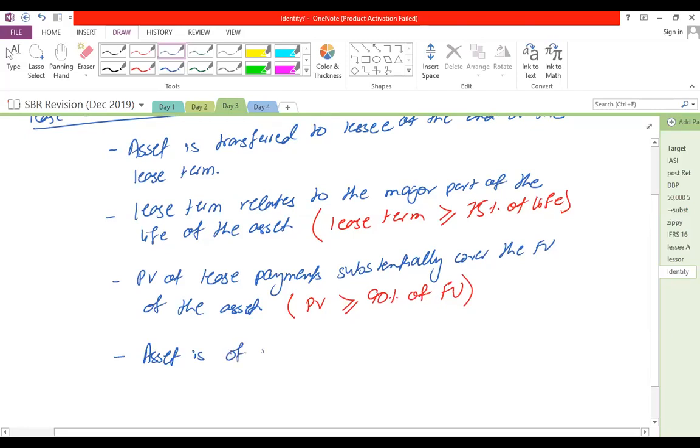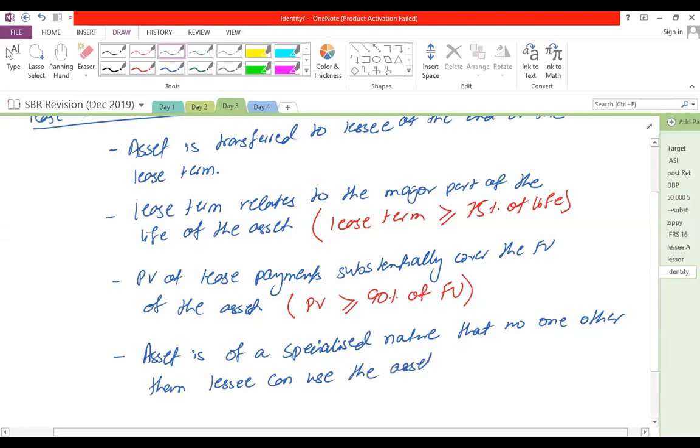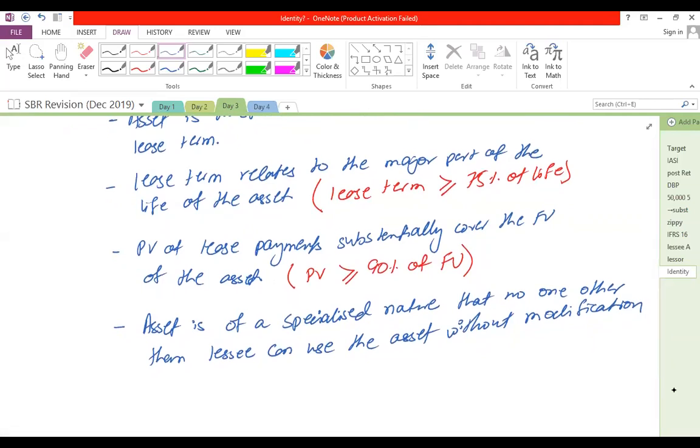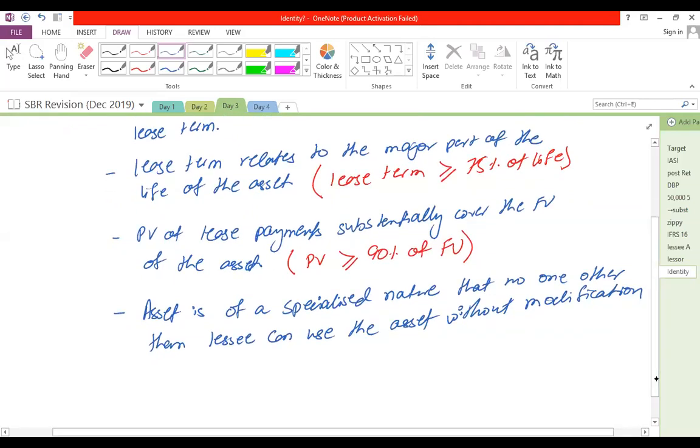The fourth point is the asset is of a specialized nature that no one other than the lessee can use the asset without modification. So if no one else can use the asset without modification, then it's a case of finance lease because that asset belongs to the lessee.